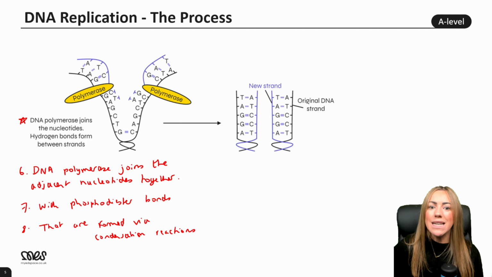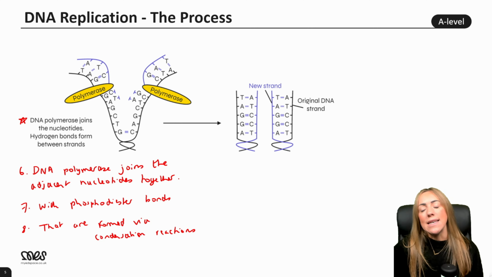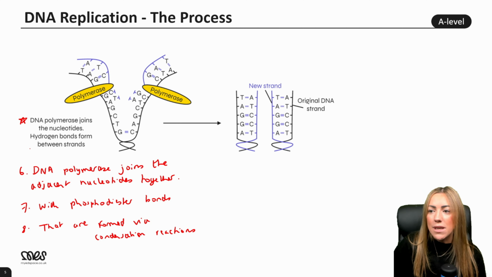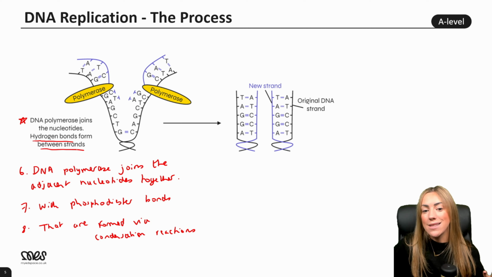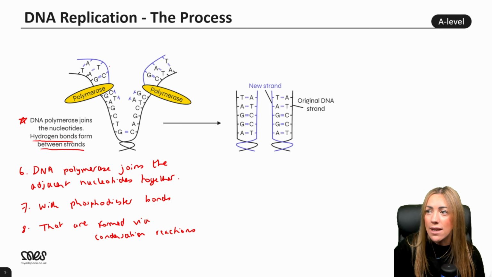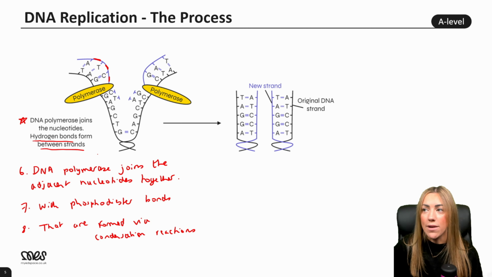But what I want to really stress here is DNA polymerase is not joining the bases together. It's not joining the strands together because the hydrogen bonds between the strands don't require an enzyme to form. So what DNA polymerase is actually doing is joining one of these nucleotides to the next on the new strand, okay?